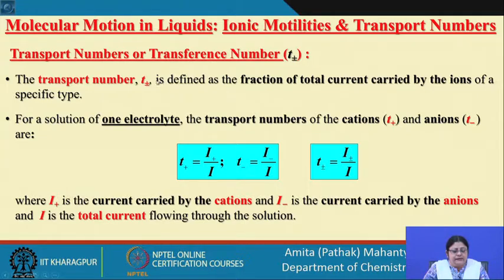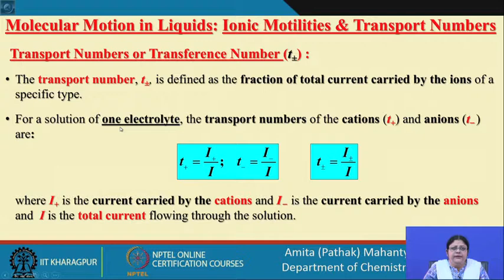Like if I say T plus, then I talk about the fraction of total current carried by the positive ions present in the solution system, and if I talk about T minus, then I talk about the fraction of current carried by the negative ions in the solution system. So, suppose I have a solution of one electrolyte.